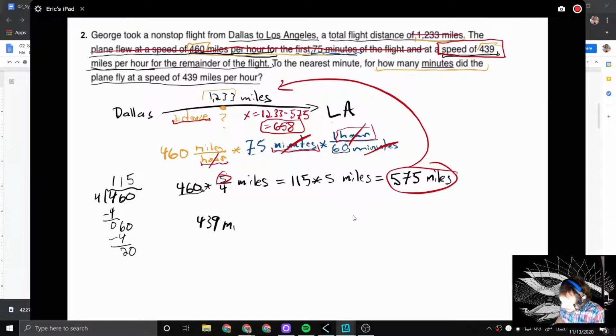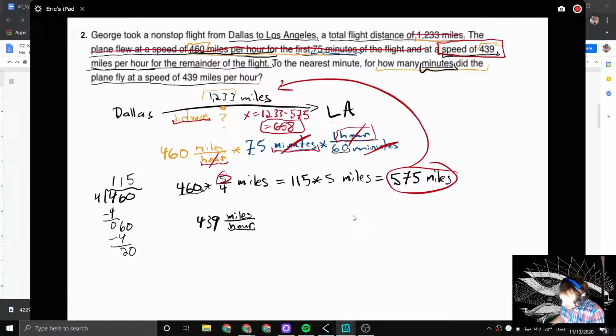439 miles per hour. And I want my answer to be in time. So I want to get this into hours. And right now, the time is in the denominator.